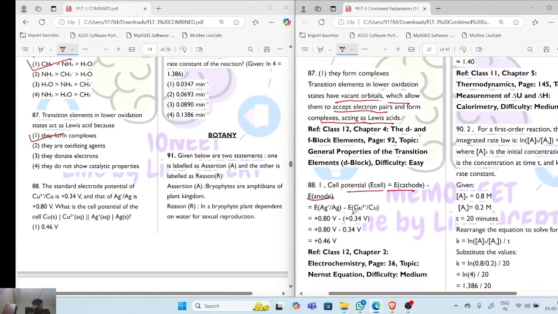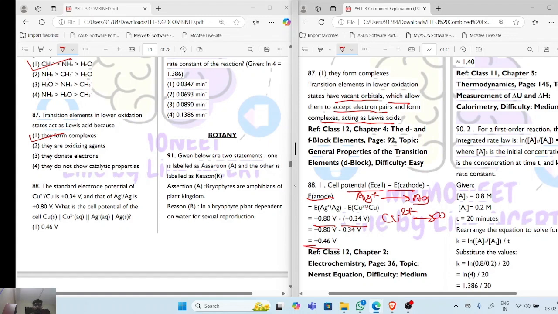The cathode is Ag plus to Ag with 0.8, and for Cu2 plus to Cu it is 0.34. We have to subtract, and we get the value 0.46, so option number 1 is our correct answer.